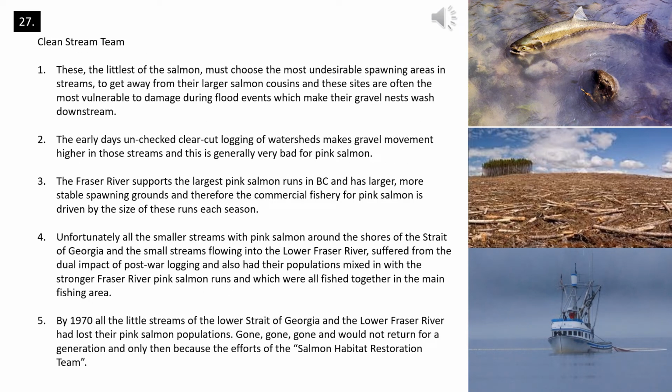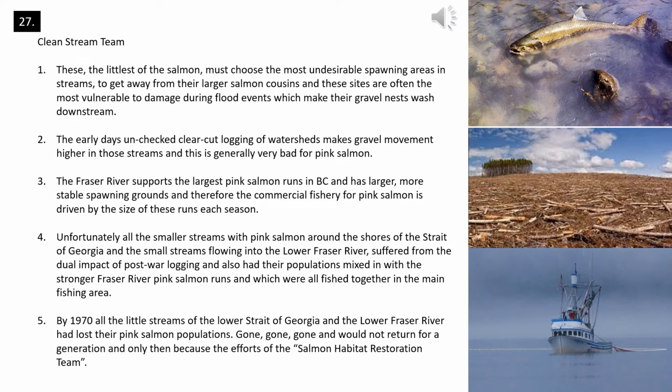So some other points to consider about this littlest of the salmon, the smallest bodied salmon, is effectively they get pushed around on the spawning grounds. If they're on spawning grounds, they tend to take less desirable spawning areas, and it's effectively, I believe, and some believe, to get away from competing for spawning beds with the larger salmon cousins, particularly chum salmon.